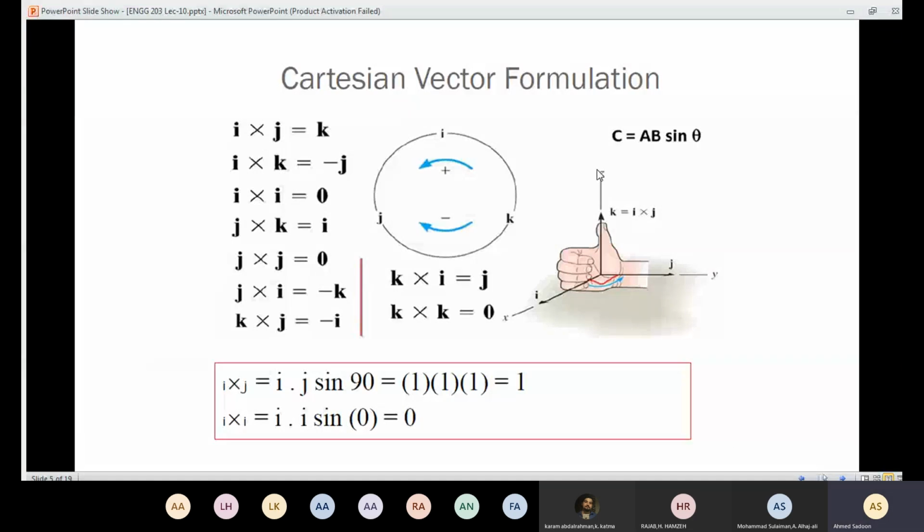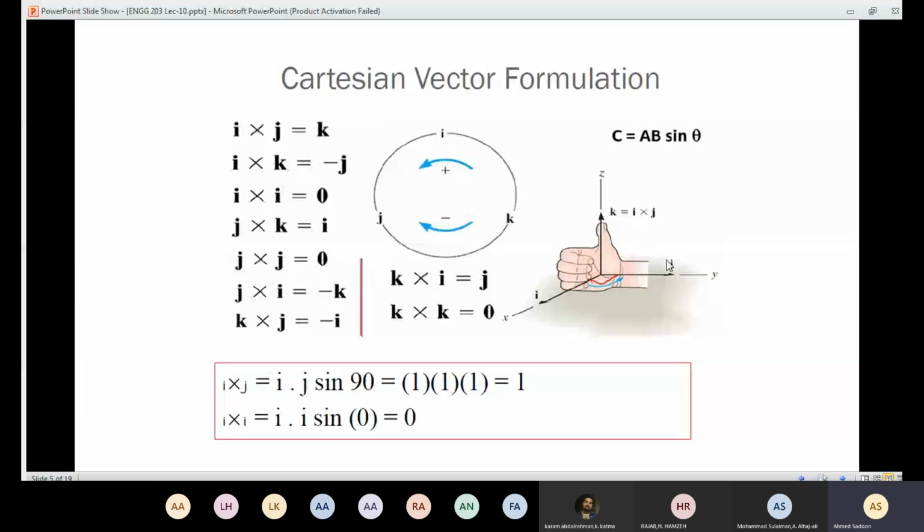So what if I want the cross product of J cross I? First we needed to know the cross product of I cross J. What if we want J cross I?